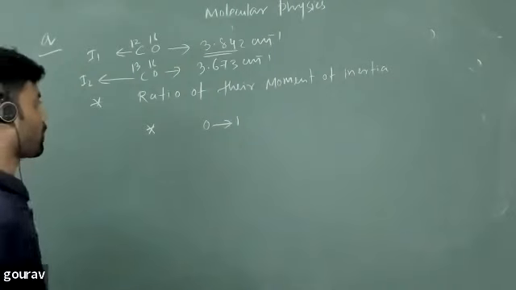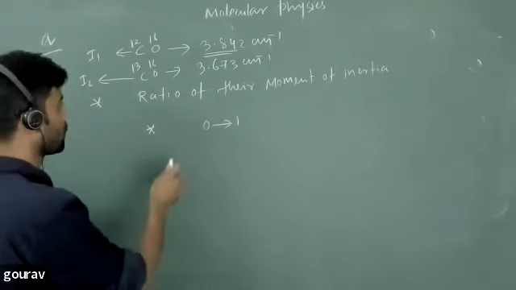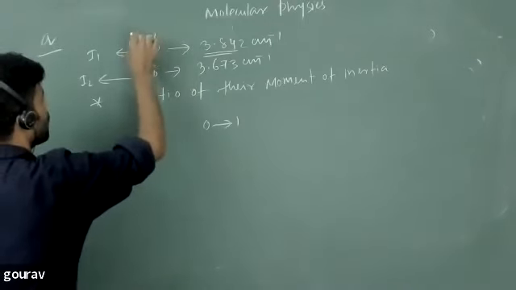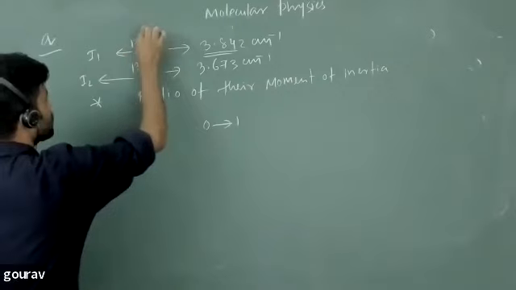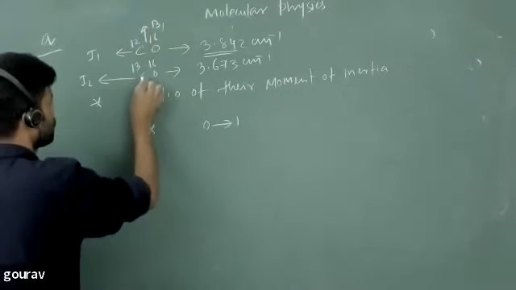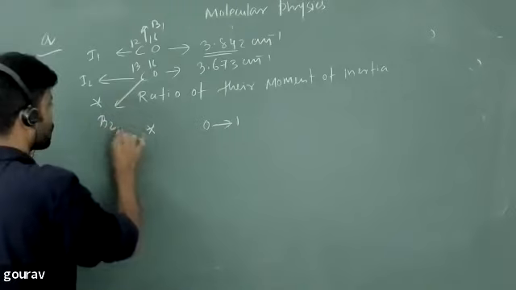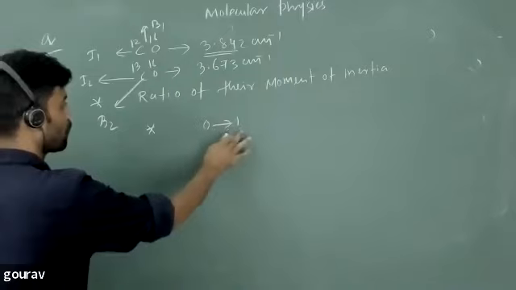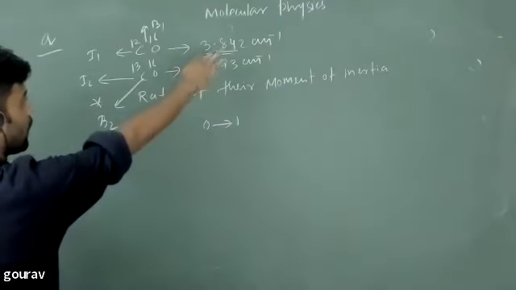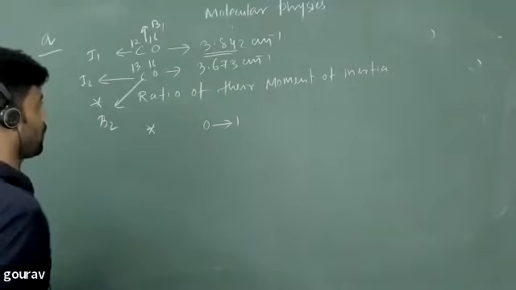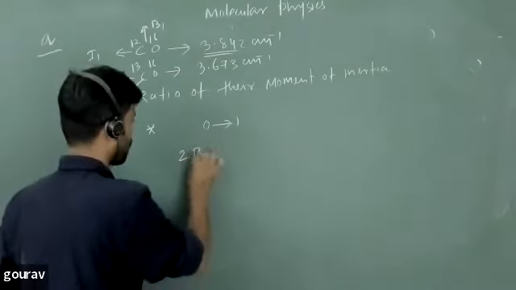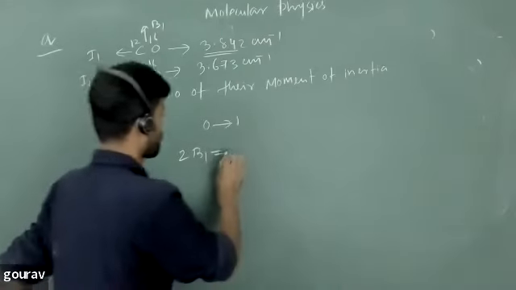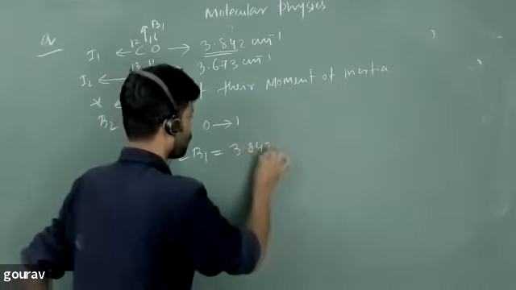So if it is from 0 to 1, let us assume that for this molecule the rotational constant is B1, and for this molecule it is B2. Since first absorption, let us assume the absorption case, there is a 0 to 1 transition. That is occurring at this wave number. So 2B1 corresponds to 3.842 centimeter inverse.